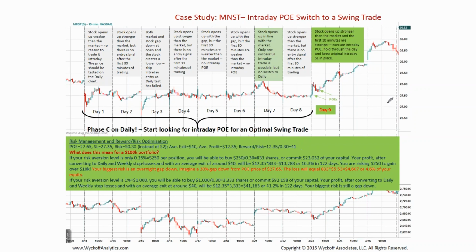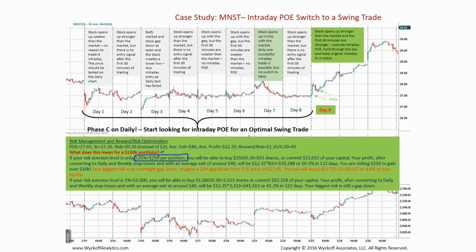Now let's put this into the perspective of a $100,000 portfolio. Let's say my risk aversion is really low and I'm only risking 0.25% per position, which means I can only risk $250 per position. Usually retail traders are not like that; this is more institutional type.